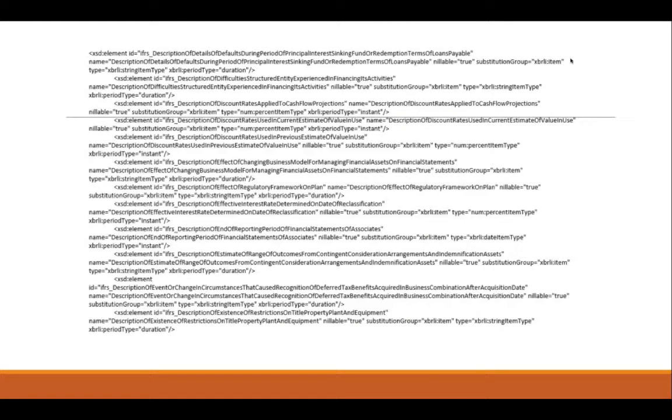So this is another example of XBRL source code. The tags used in this source code include the description of details of defaults during periods of principal interest. And actually this source code defines the taxonomies of XBRL.